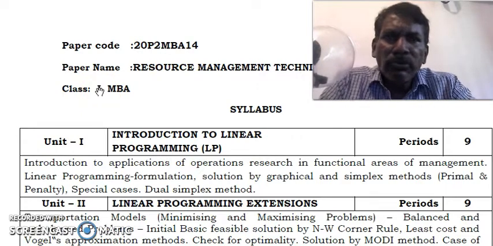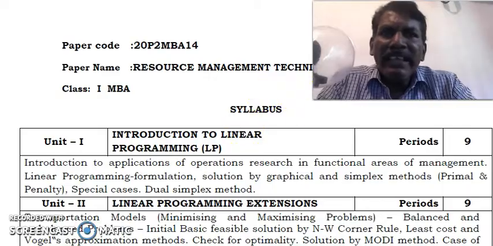Okay. So in the first unit we talked about what operation research is. Some basic ideas have been discussed. What is the meaning, what are the characteristics, the advantages, the disadvantages, the applications, everything we discussed in that particular unit.